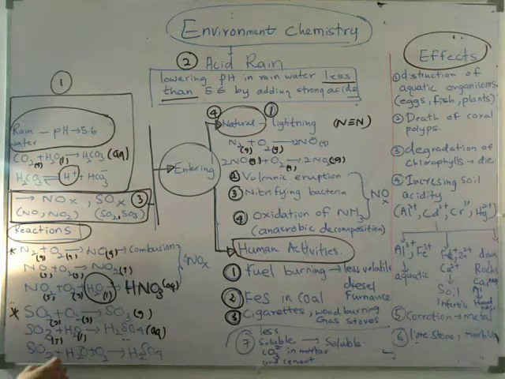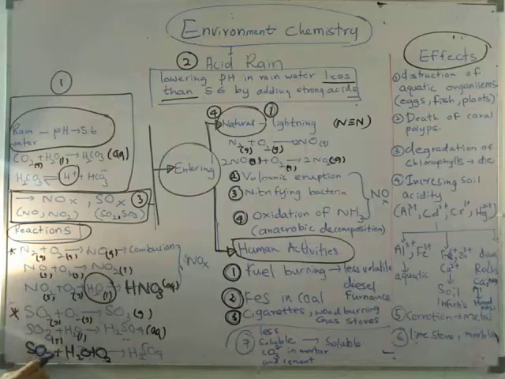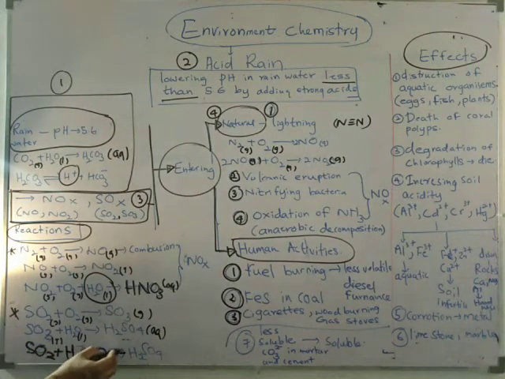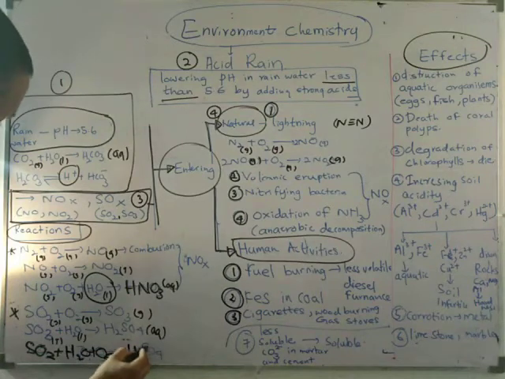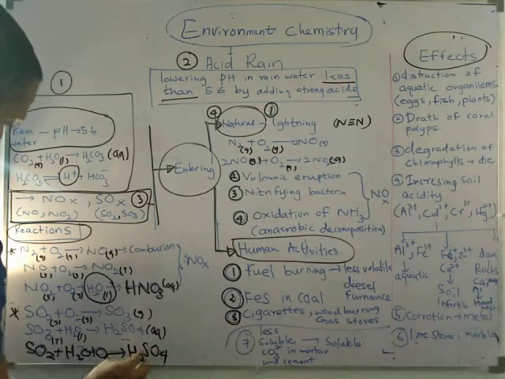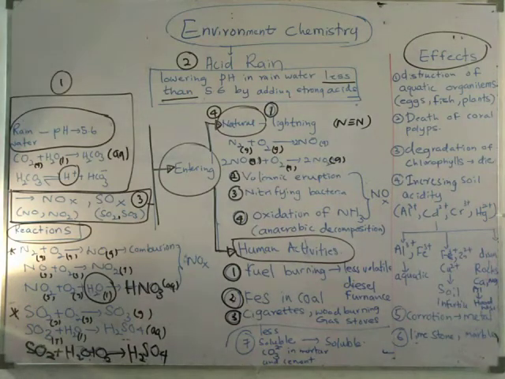It can be further oxidized with oxygen like this. It means the reaction can take place like this also. SO2 gas can react with H2O and oxygen to form a strong acid, sulfuric acid, H2SO4. I think you can understand.